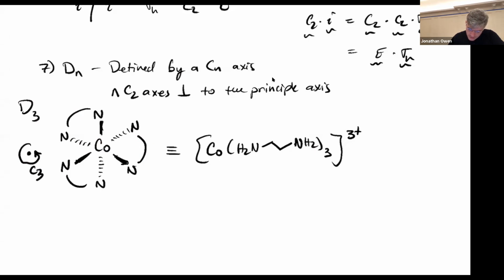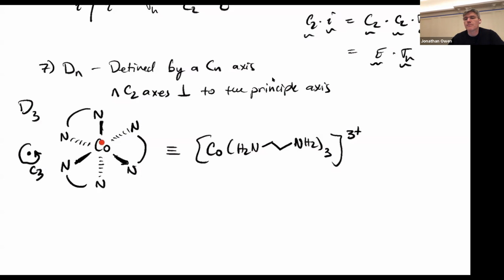So we got a C3 axis, and now we should have 3 C2 axes perpendicular to the principal axis. Where are those? So principal axis is here. Plane of the paper is orthogonal to it. So any C2 axis we're looking for is going to be in the plane of the paper.